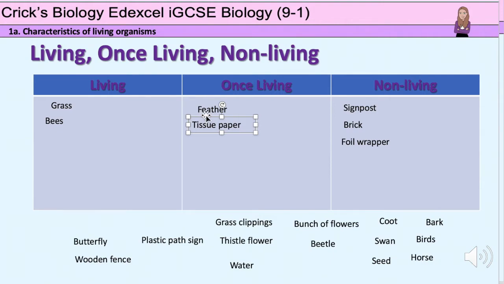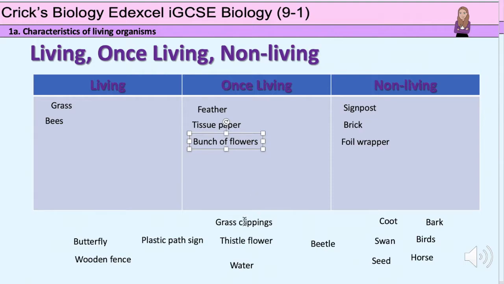The bunch of flowers is an interesting one because they were obviously living when they were part of the plant, but as soon as they are picked, they start to die. These ones look like they were pretty much dead, so I would put them under once living. But if you put them under living, then that was okay.